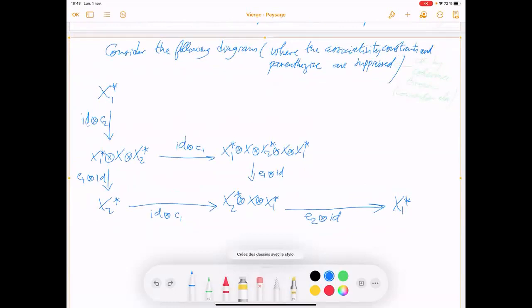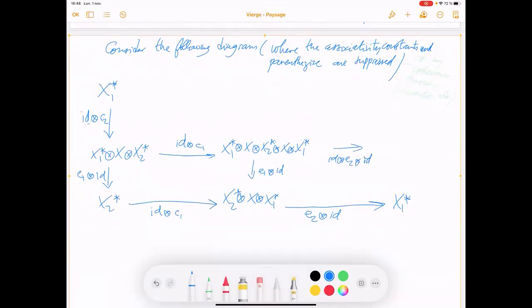And the E2, the evaluation map, as I said, is x star tensor x to 1. So there is no choice. The E2 should be applied to that. It cannot be applied to that, because evaluation is x star tensor x to 1, so you cannot apply evaluation to this one. It should be this one.